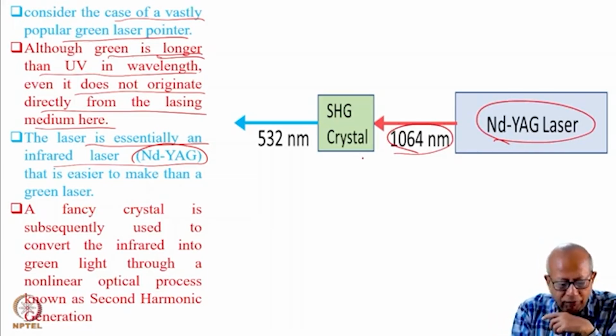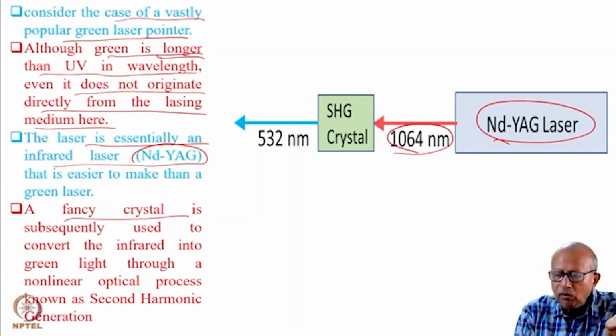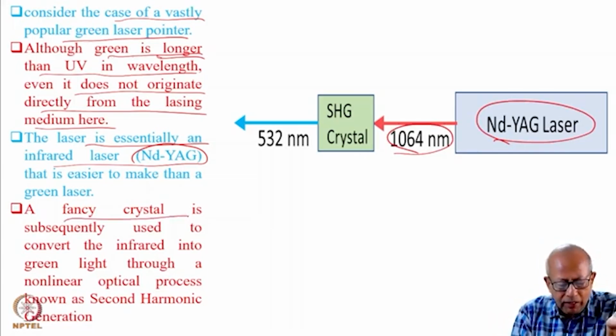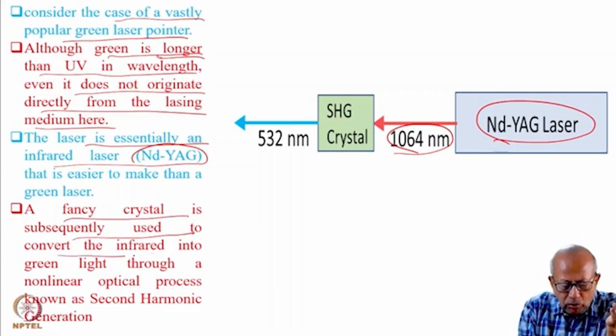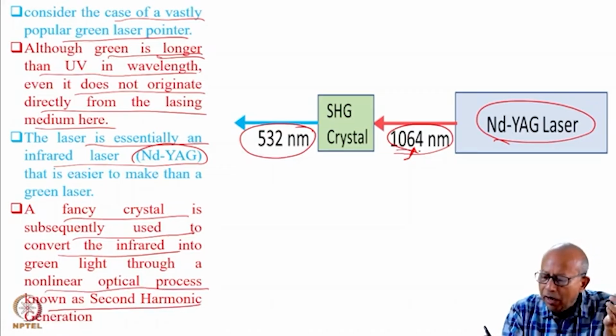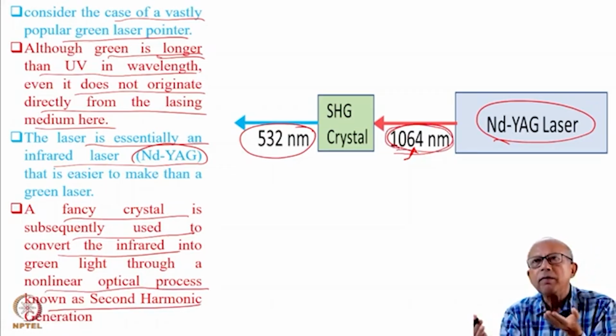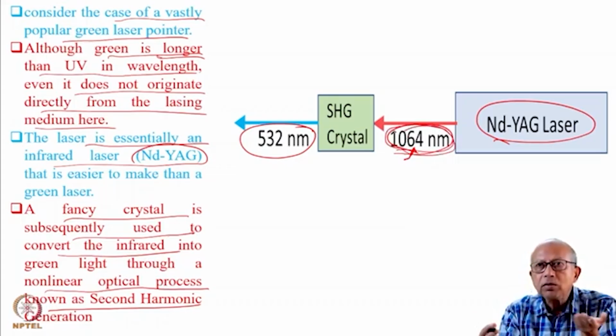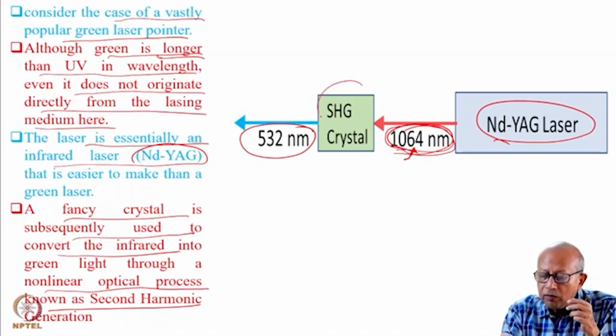And then a non-linear crystal is subsequently used to convert this infrared light, 1064 nanometer, into green light through a non-linear optical process known as second harmonic generation. That means it halves the wavelength, or doubles the frequency. That is called second harmonic generation.